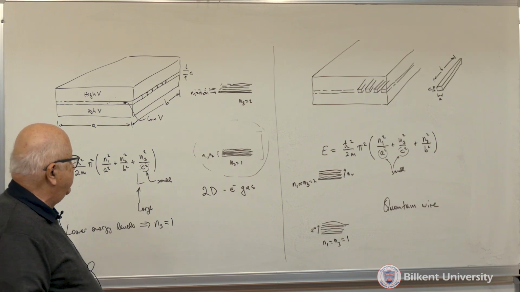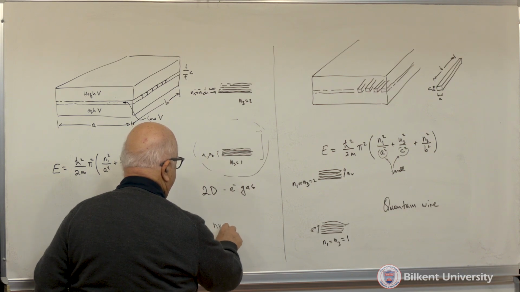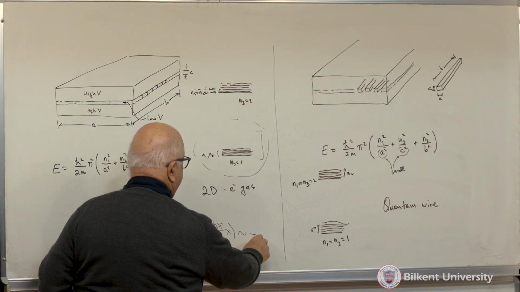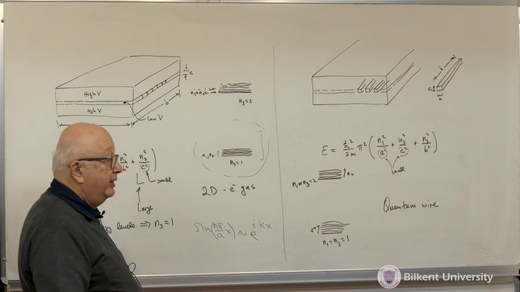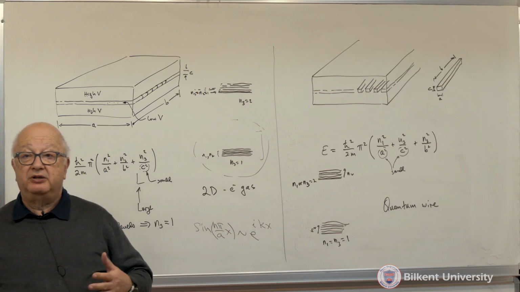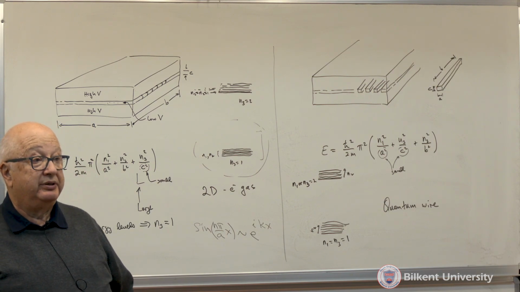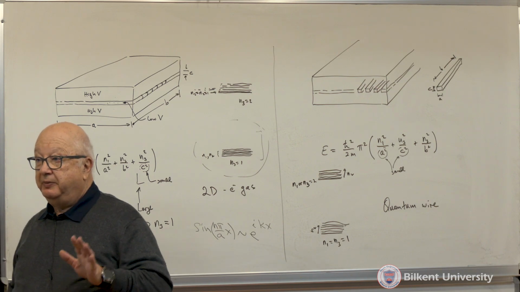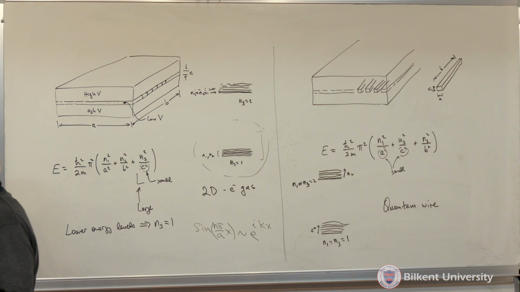Then these sine n pi over a x, for example, may be approximated by e to the i k x, where k is this n pi over a, and it may be approximated as a continuum. Okay, so that's something to keep in mind. We'll consider those things in more detail later on.